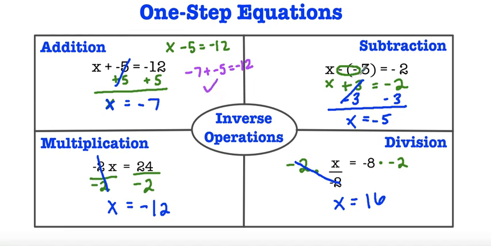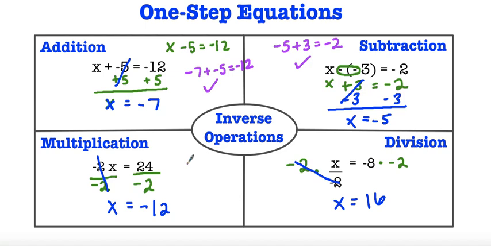Here I have x minus negative 3 is equal to negative 2, and we have come to find out that x is negative 5. So negative 5 minus negative 3, which is the same thing as negative 5 plus 3, is equal to negative 2, and that's also true.